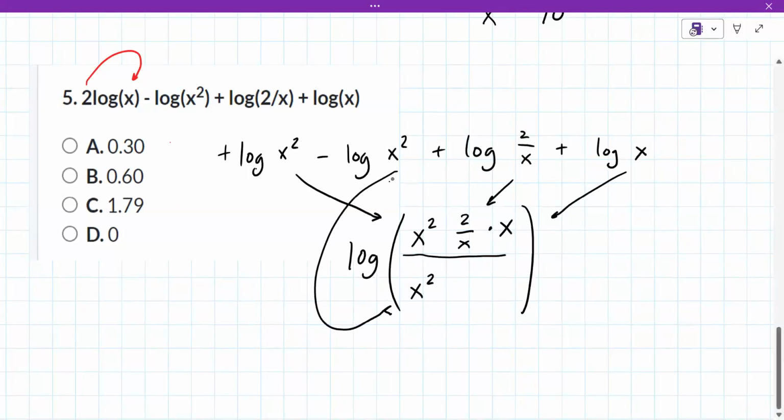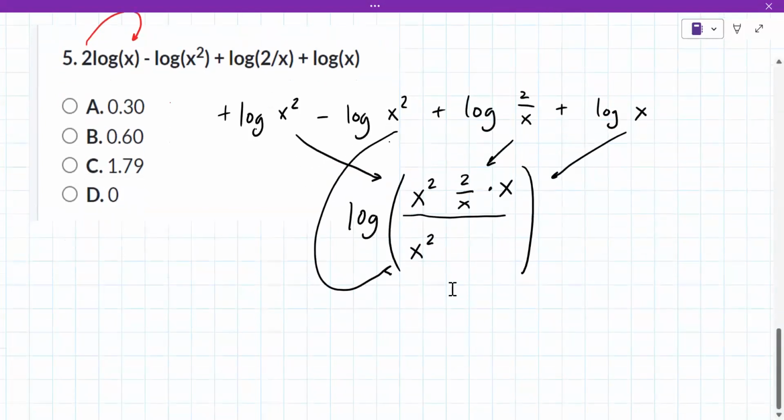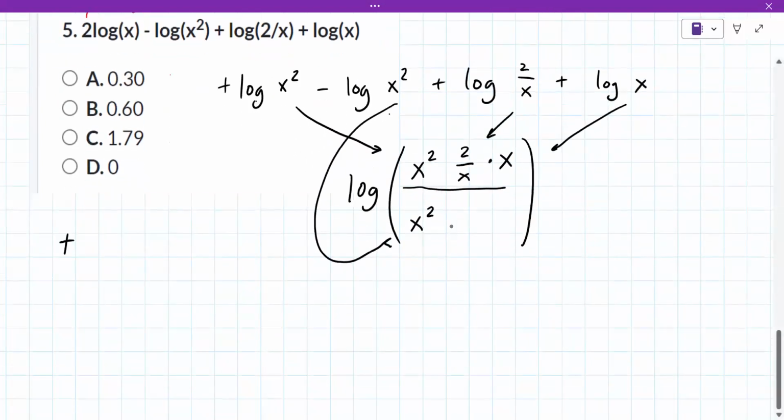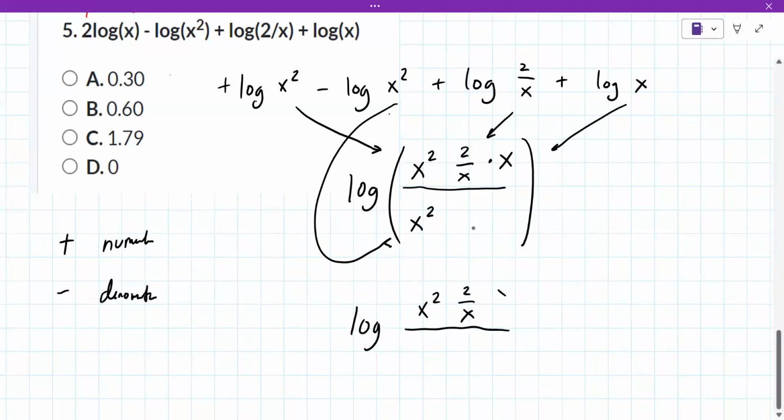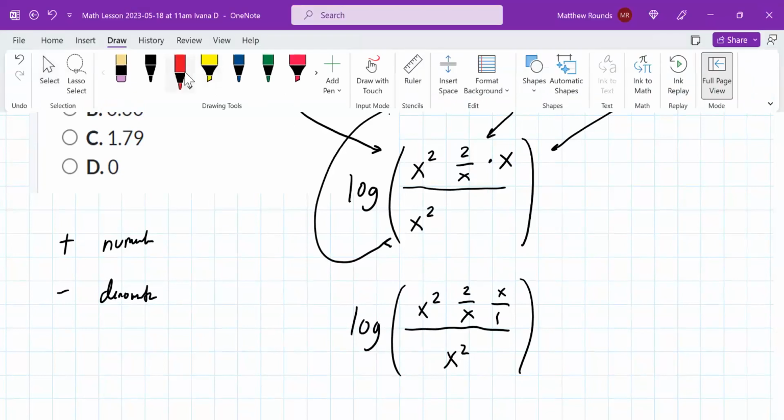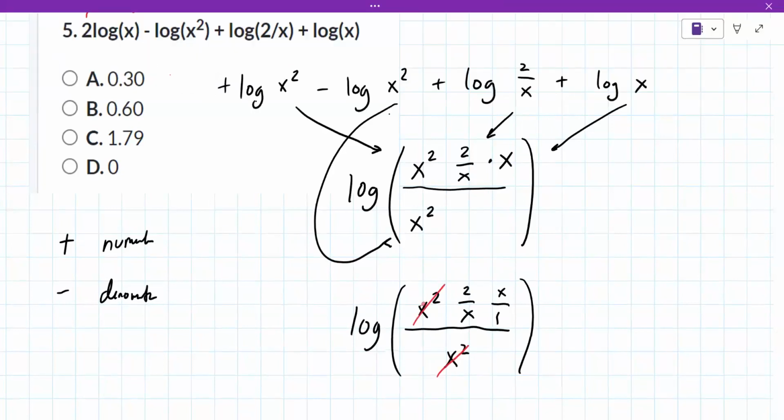Okay, and this maybe looks more complicated than it actually will be once we start simplifying, but the idea is if it's positive, it goes in the numerator. If it's negative, it goes in the denominator. All right. I should kind of rewrite this a little bit here without all the lines. I'm going to write x over 1, x squared here on the bottom. Because there's an x squared in the top and the bottom, they can cancel.